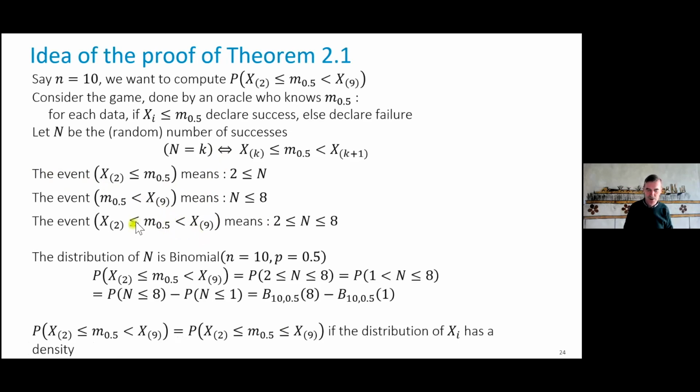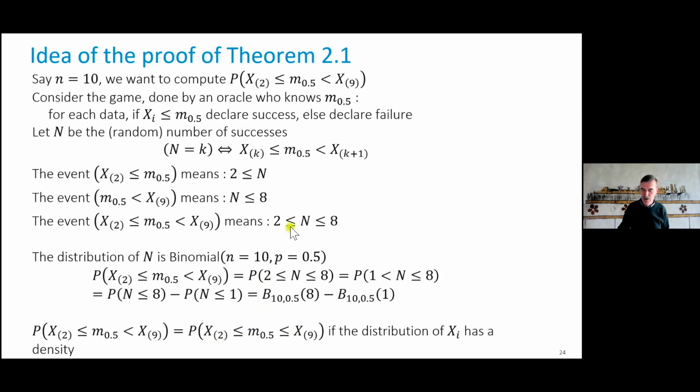So whether we have strict or large inequality means the same here. So the event that the second value is less than the value of interest m, and m is less than the 9th value, is the same as saying that the number of successes is between 2 and 8.